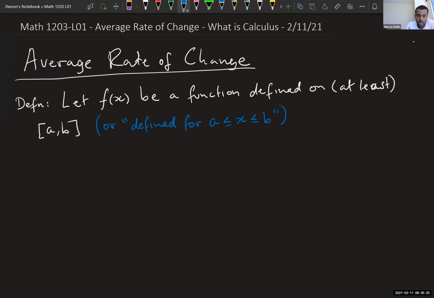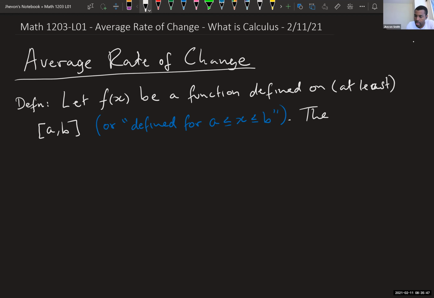Same thing I can say. So that [a, b] represents an interval on our x-axis, right? A range of x's, all x values between a and b. When I plug any x value between a and b into this function, it works, it makes sense, it's mathematically defined, right? So let's suppose we have a function defined on [a, b].